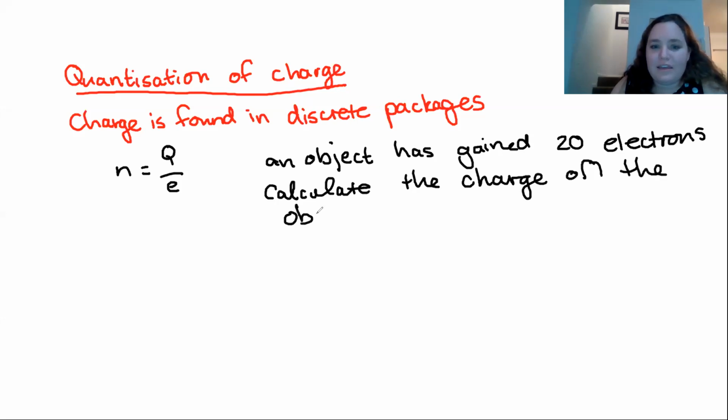Okay, it's relatively straightforward. You've got to look at what you've been given and what you're looking for. You're looking for the charge. The number of electrons is 20, and the charge on each electron is 1.6 times 10 to the minus 19 coulombs. So from there, you can rearrange the equation.